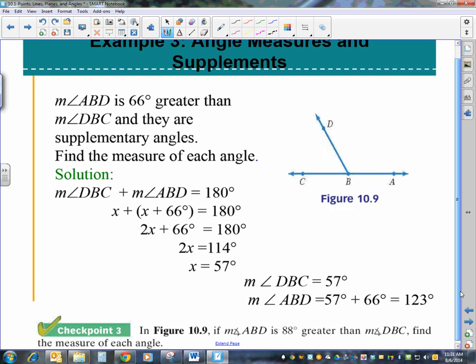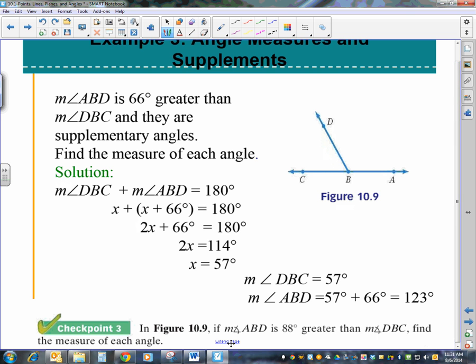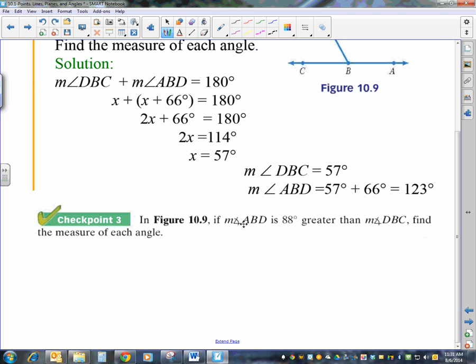So now we're going to try the same thing with our own. ABD is 88 greater than DBC. Find the measure of each angle. So as we did earlier, we're going to have x plus x plus 88 equals 180. That gives me 2x plus 88 equals 180. Subtract 88 from both sides. 2x equals 92.